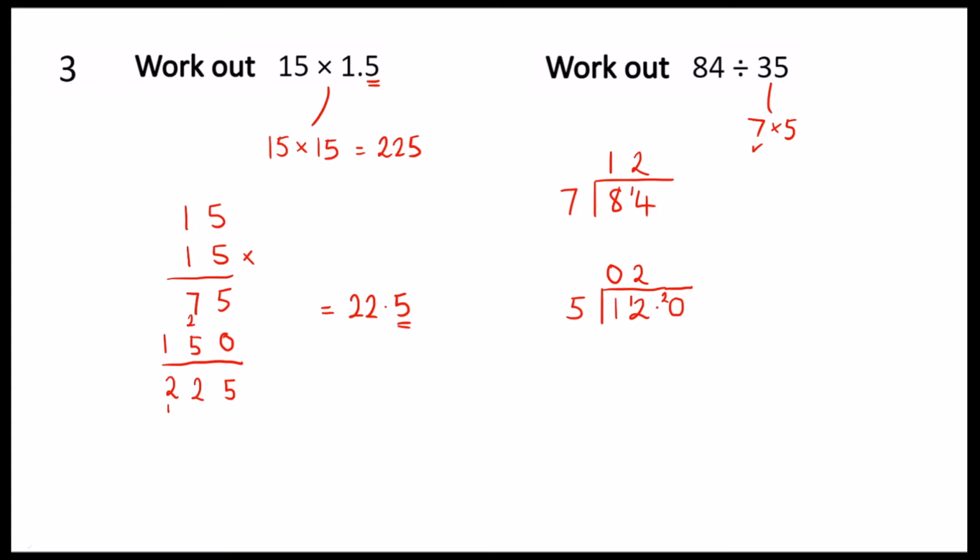As such, there's a decimal point here. I can ensure that my decimal point stays in line, and then I can work out that 20 divided by 5 is 4, which gives me my answer of 2.4. And because I've now divided by both 7 and 5, that is my answer as if I had divided by 35 in one go. So 2.4.